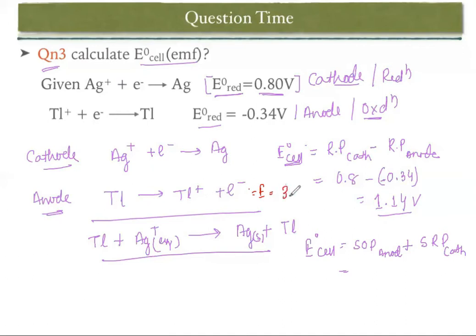So this will be 0.34 volt and this will be 0.8 volt, right? So you just add these two. So SOP, standard oxidation potential of anode, that is 0.34, plus standard reduction potential of cathode, that is 0.8. So if we add, you will get 1.14 volt.